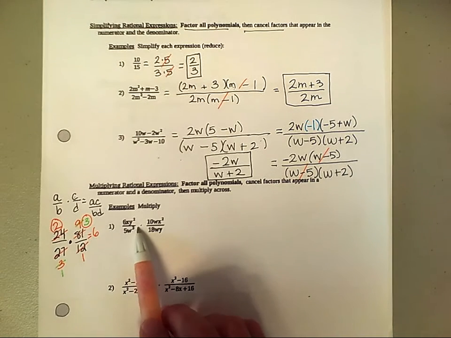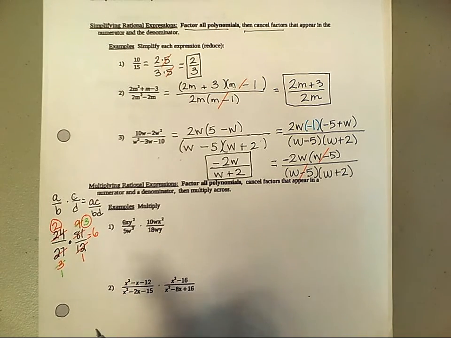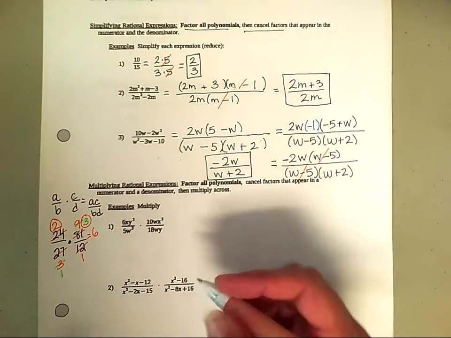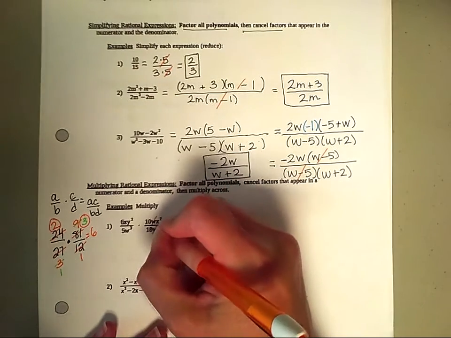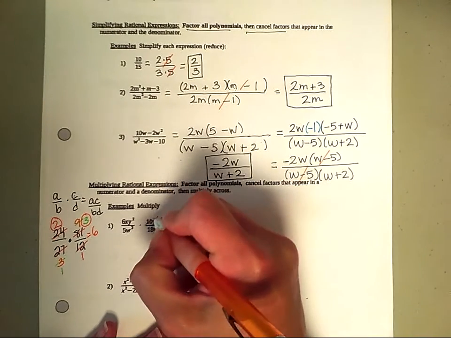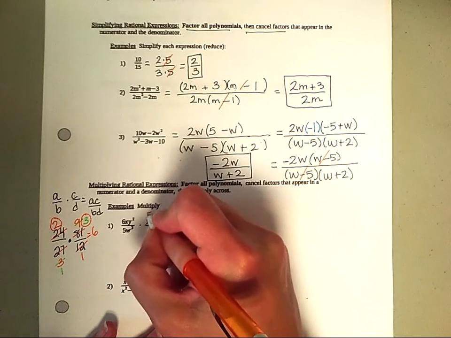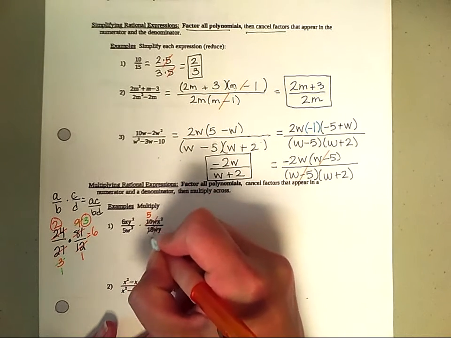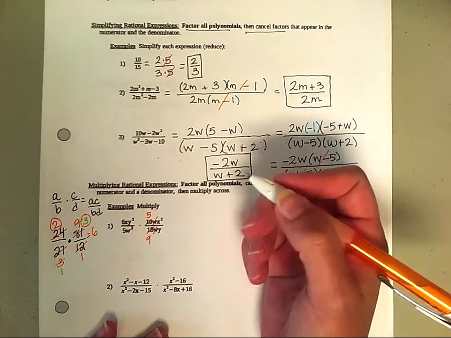So we want to do the same thing here. If there's any canceling that can occur, we should do it. So for example, this w over that w cancels. 2 goes into 10 5 times, and 2 goes into 18 9 times.